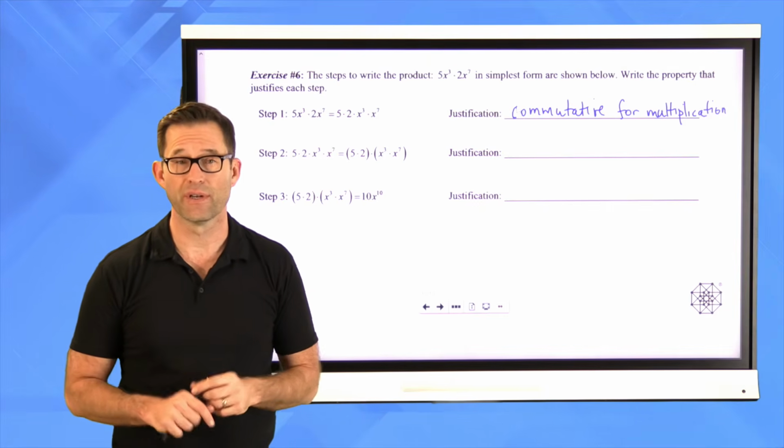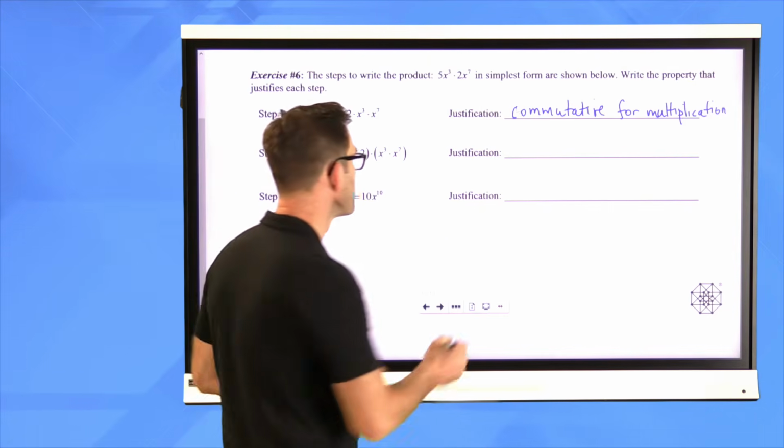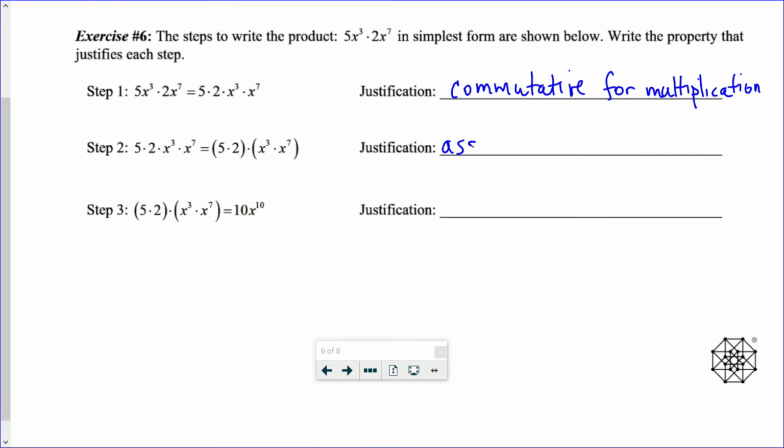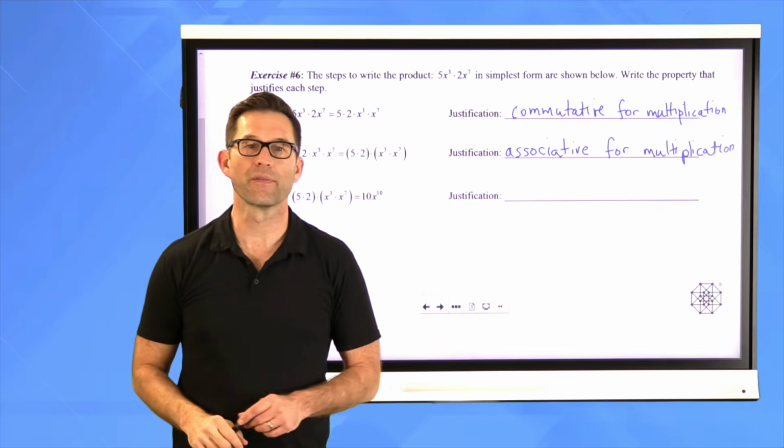That's the associative property of multiplication. I always have to think about how to spell that word. Associative for multiplication. It's probably not a surprise that we're not getting anything in terms of addition here, given that all we're doing is multiplying things together.